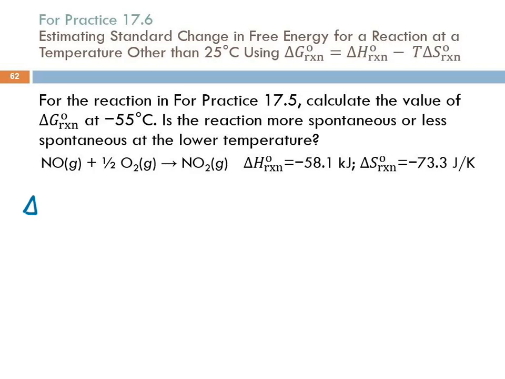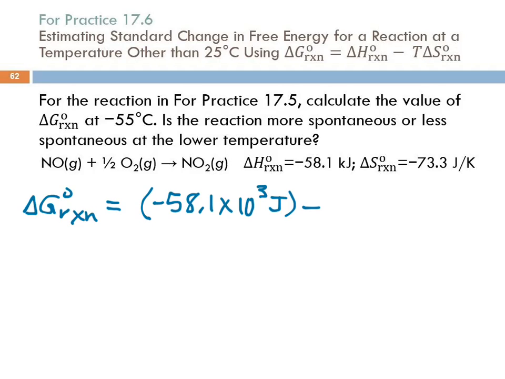So delta G for the reaction. This is the same calculation, but the temperature is different. So here we have our delta H, joules, right? And this is minus, what's the temperature?